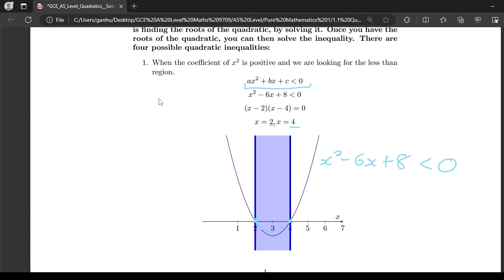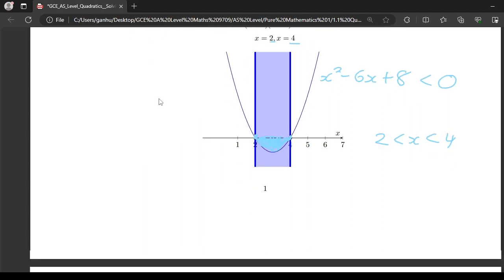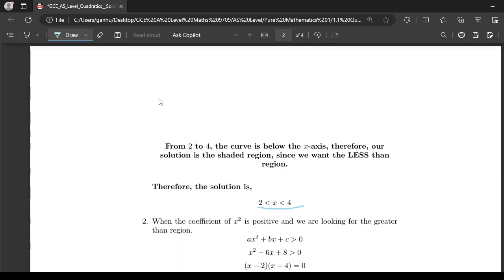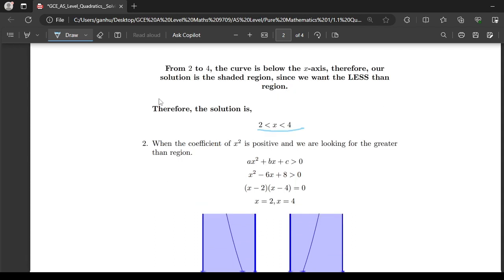So that's this region here. This is the region that we want. That means our solution will be x is between 2 and 4. And that's shown here.